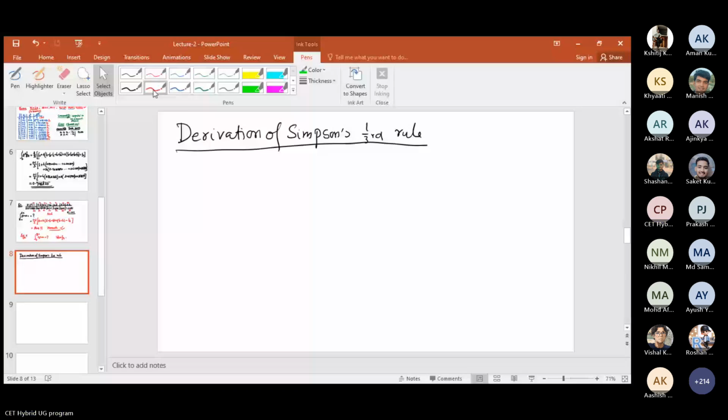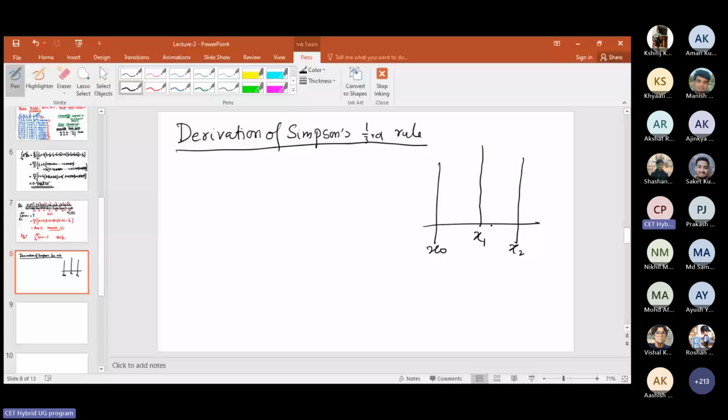All right. So we will consider the value of the function from x0 to x2. This is the point x1, x0, x1, x2. Suppose that this is the function and we approximate it by a quadratic polynomial P2, which is this.